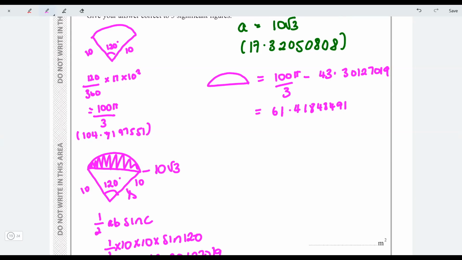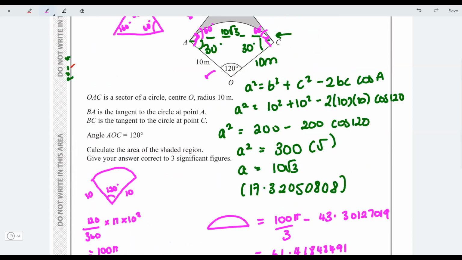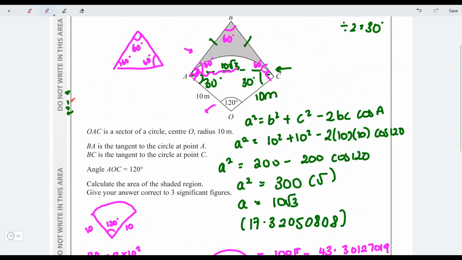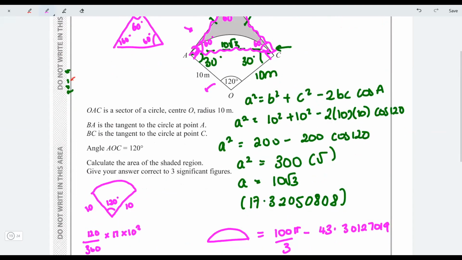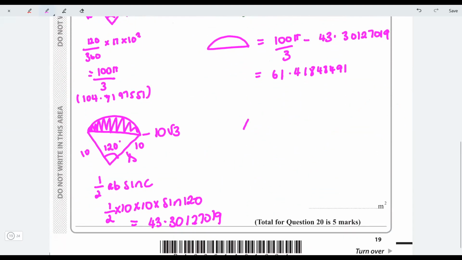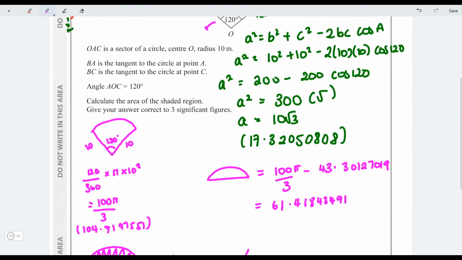Right. Quickest way now to do this is, now that I have got the top bit here, that's an equilateral triangle, isn't it? Because each side is 60. So which way is it? Is this way.